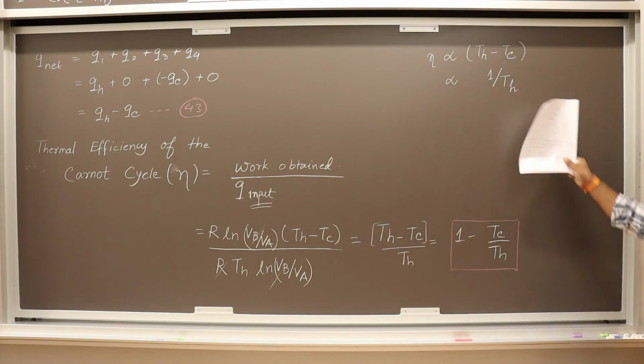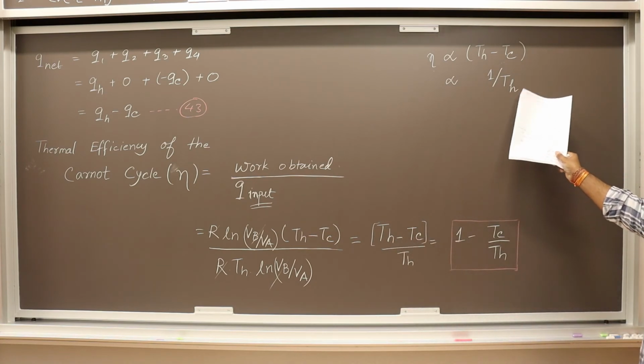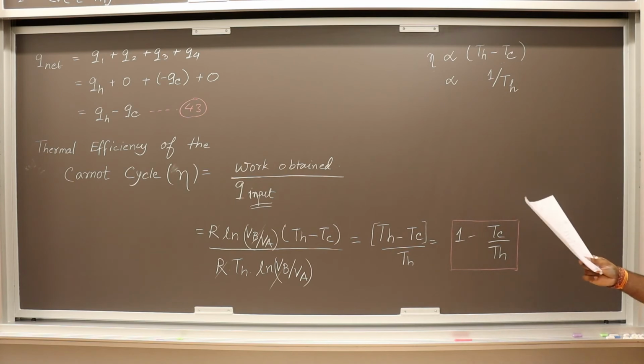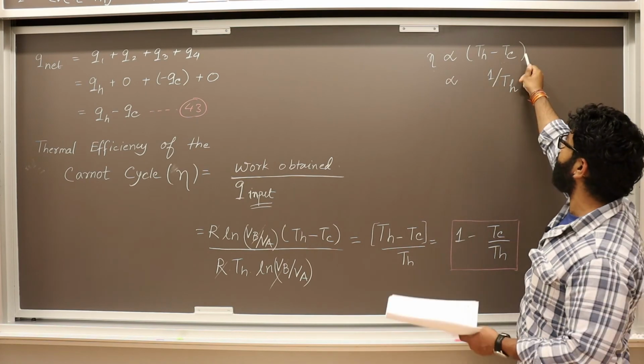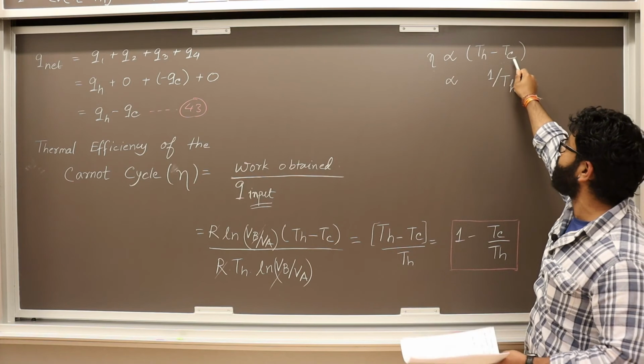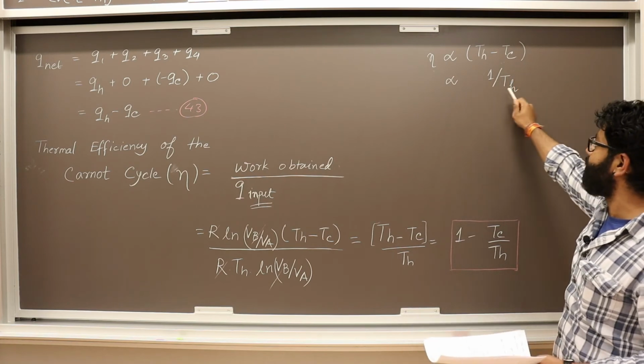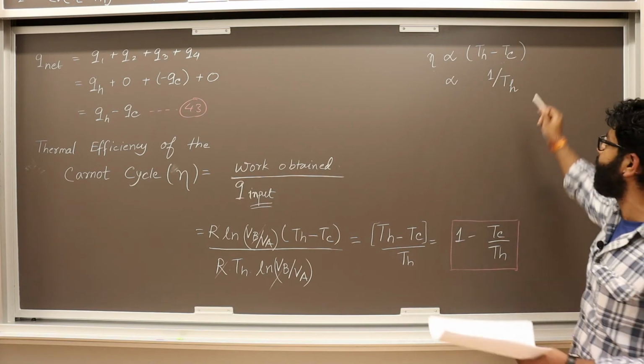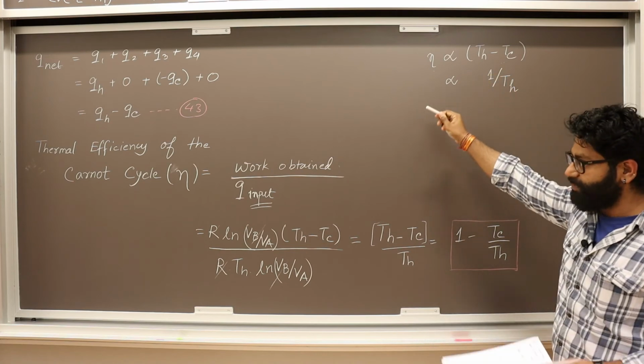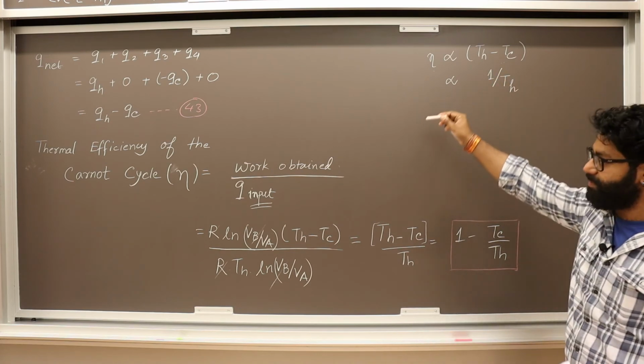So if you have more T hot, your efficiency is going to decrease. These are the two very important things coming out of this equation: the efficiency depends only on these two things. If you reduce T hot, you get more efficiency. If you increase T hot, you get less efficiency.